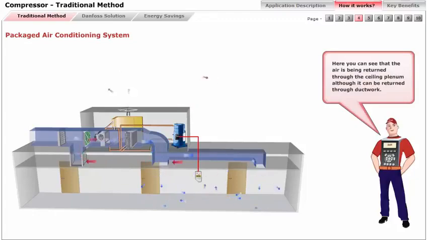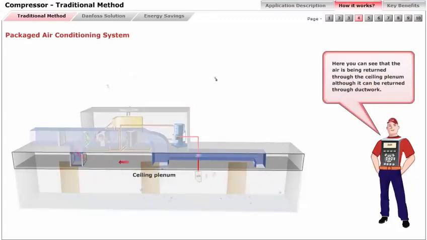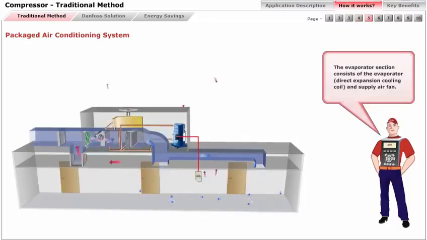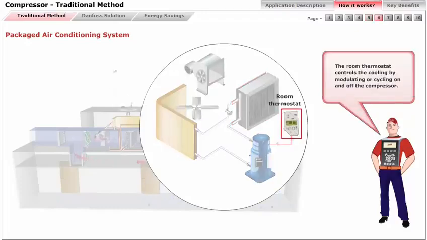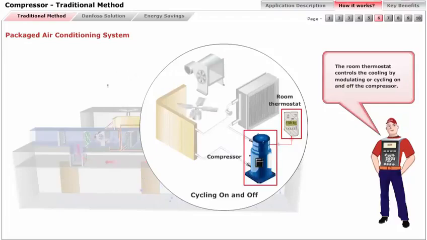Here, you can see that the air is being returned through the ceiling plenum, although it can be returned through ductwork. The evaporator section consists of the evaporator, direct expansion cooling coil, and supply air fan. The room thermostat controls the cooling by modulating or cycling on and off the compressor.